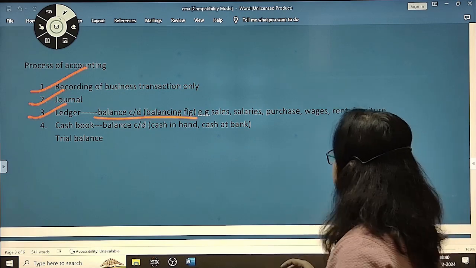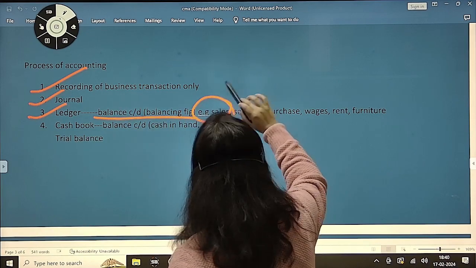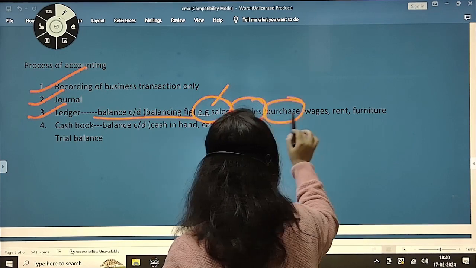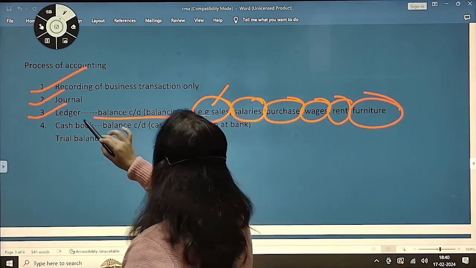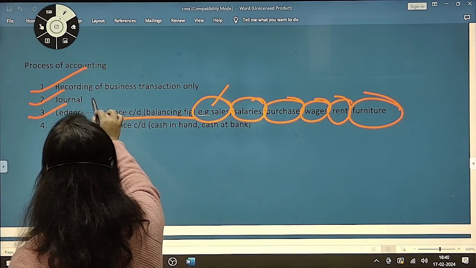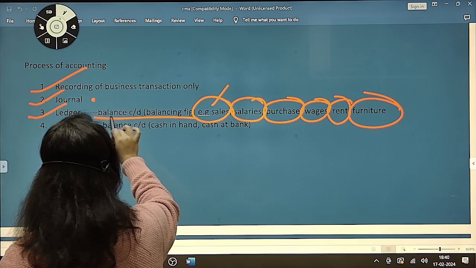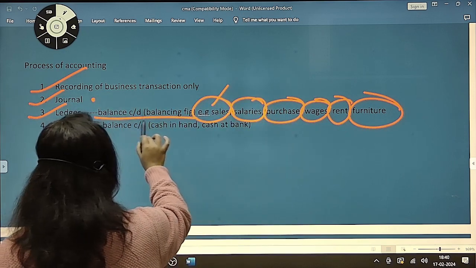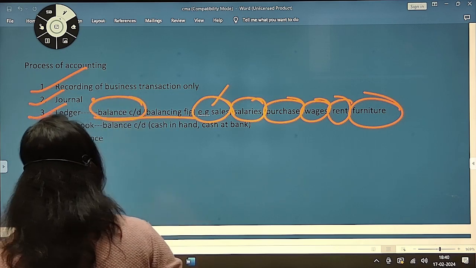We did it for the January month. So for the entire year, we get the balancing figure for sales, salary, purchase, wages, rent, and furniture. So journal entry is the base. From journal entry we post into ledger, which means we prepare various accounts, then we post and get the balancing figure, that is called balance CD.